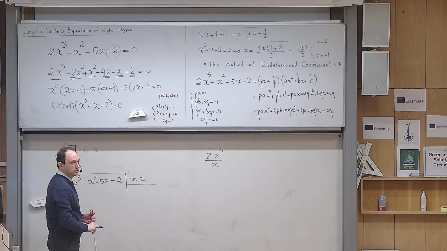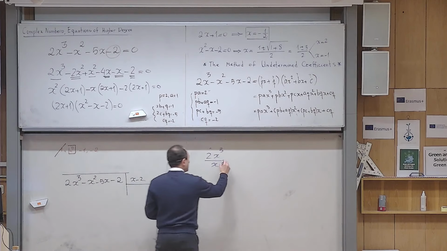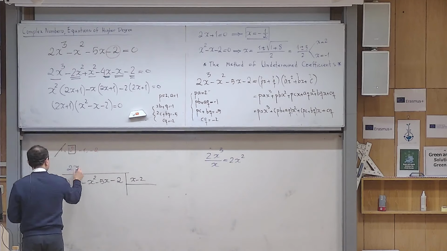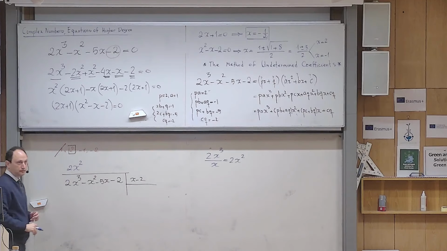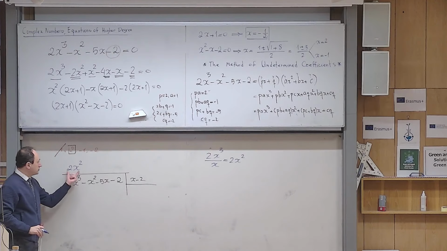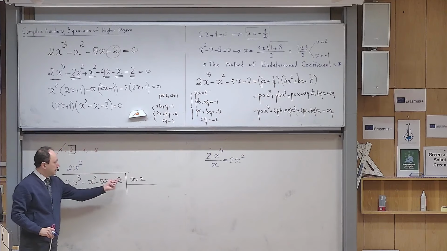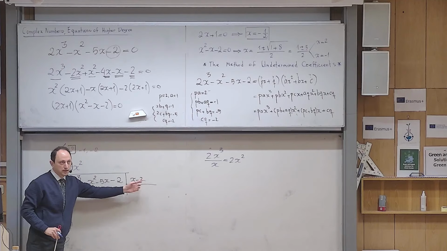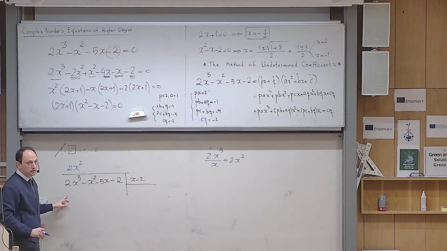So what's the answer? 2x squared. 2x squared is what you have to put on top here. And then you take what you got and multiply it here, not only by the first term, but by every term. And then write them below here, but with opposite signs.